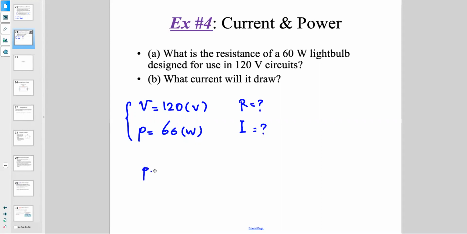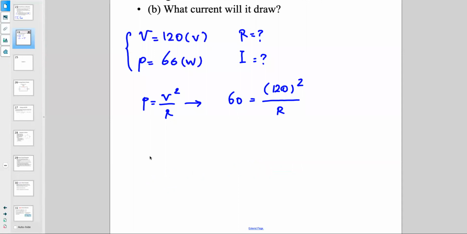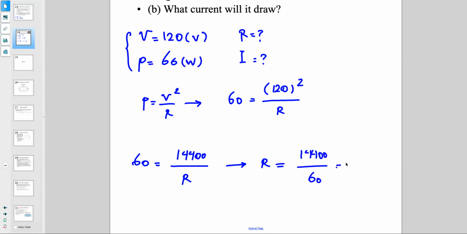So we know that P is V squared over R. It's one of our formulas. So let's put some numbers in there. We have 60 as our P. V squared is 120 to the power of 2, divided by R. So 60 is 120 to the power of 2 over R. And thus R is 14400 over 60.